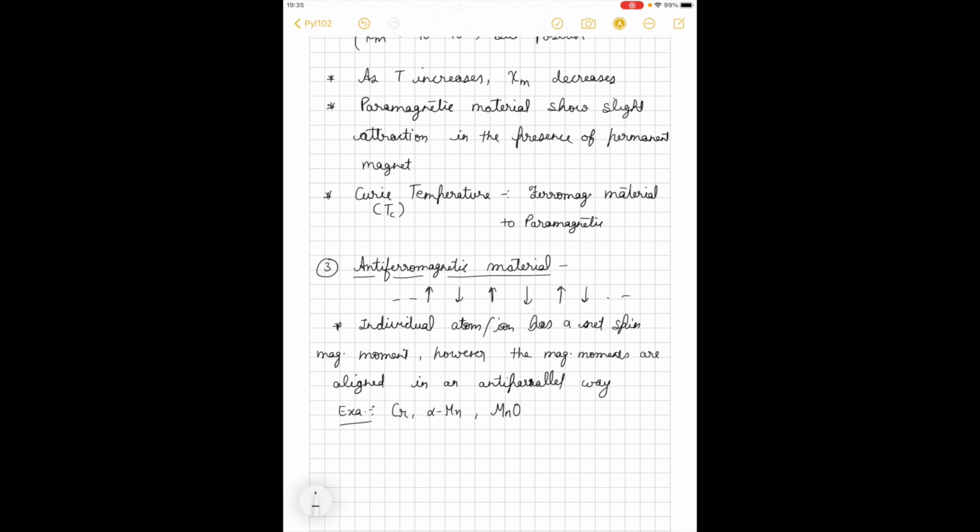For these antiferromagnetic materials, the susceptibility is slightly larger than 0, but it depends on the applied field intensity. So chi m, the susceptibility, is slightly larger than 0.